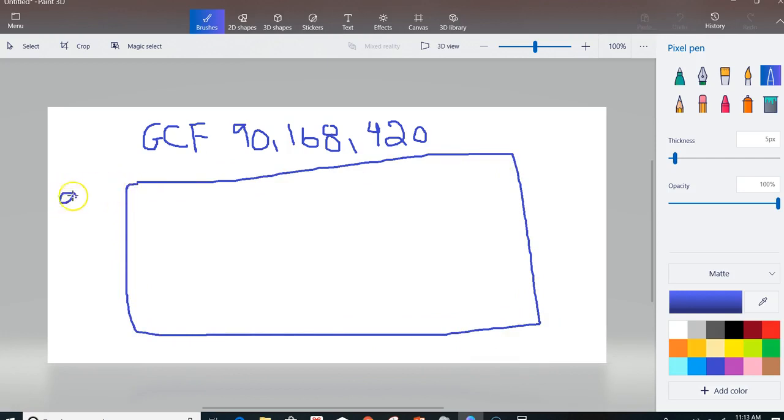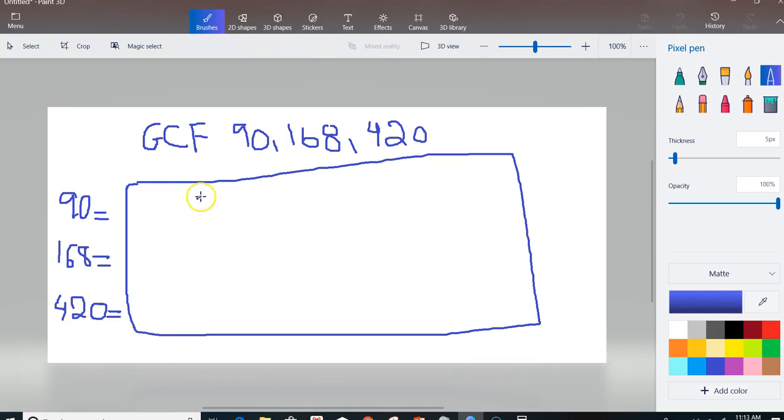We're going to put 90 here. We're going to represent the factors inside of the box. 168, and then 420. Remember, you can still do this with a tree or by writing it down, but I just want to show you this way so you can see it more clearly.